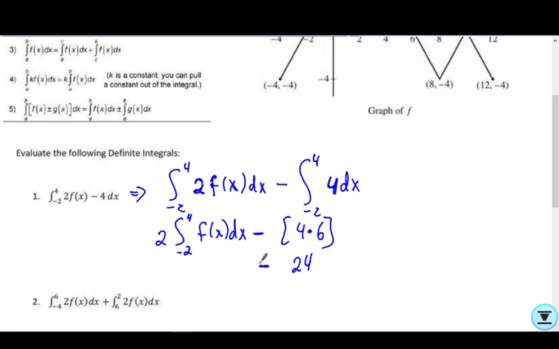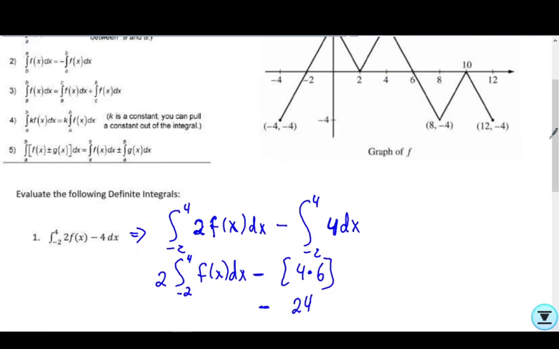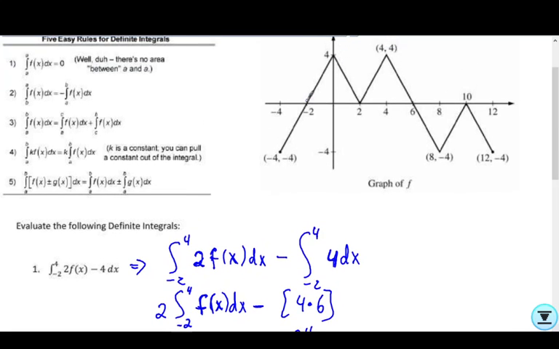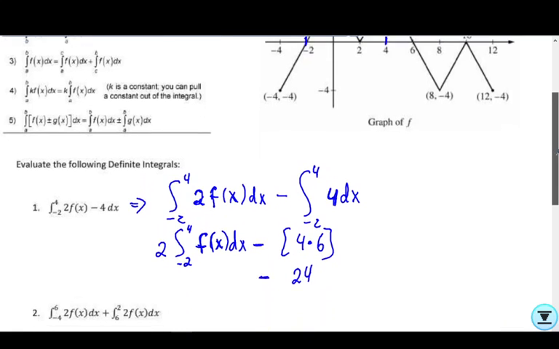So now I can evaluate this integral because now it's just asking for the area under f of x from negative 2 to 4. So this triangle, the area is 8, this part is 4, so you add up from negative 2 to 4 and you get 12.